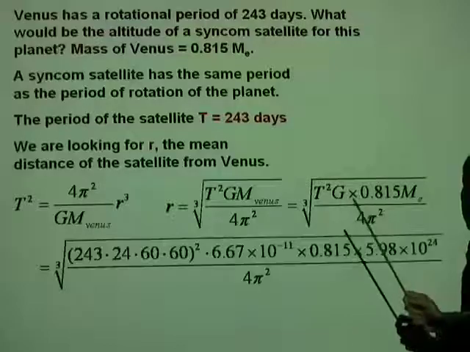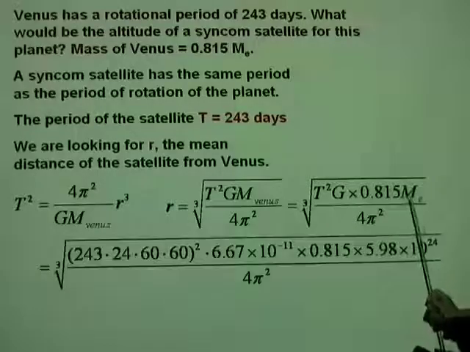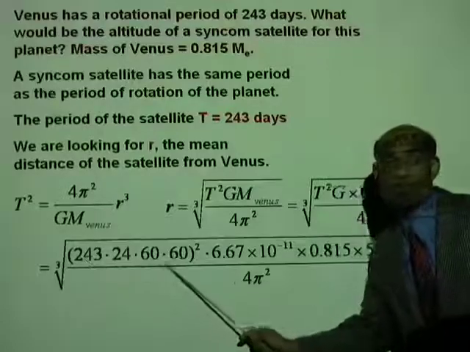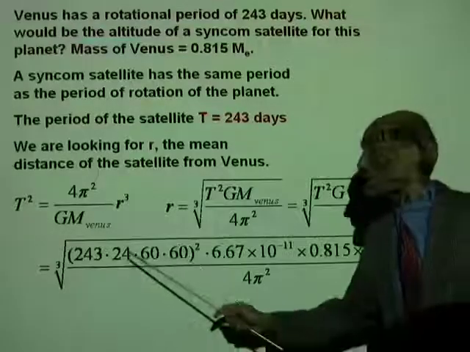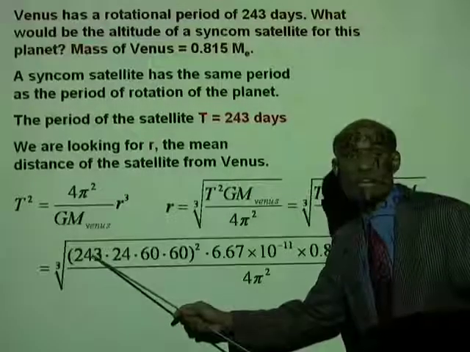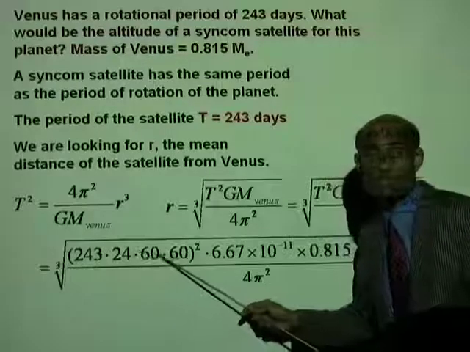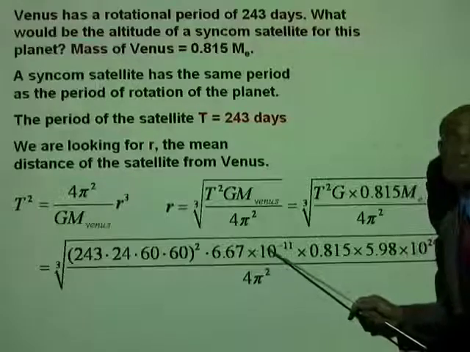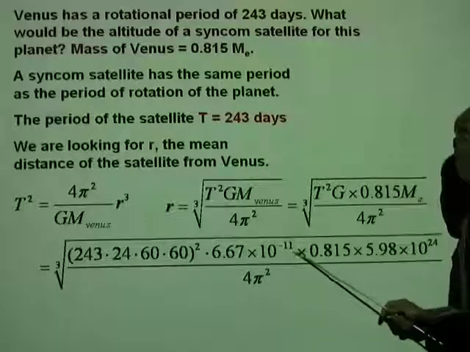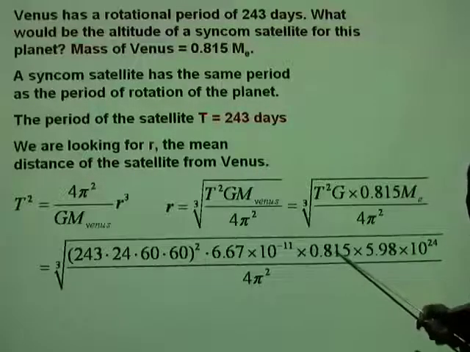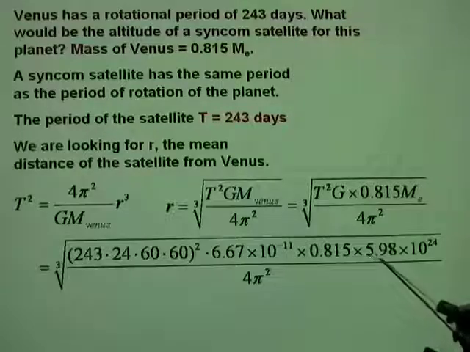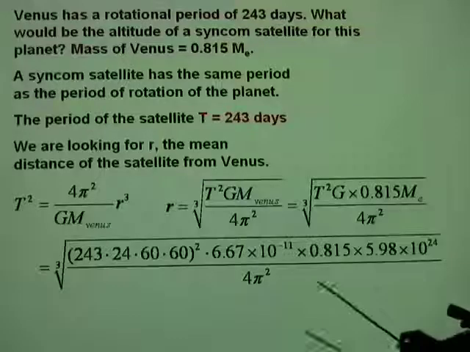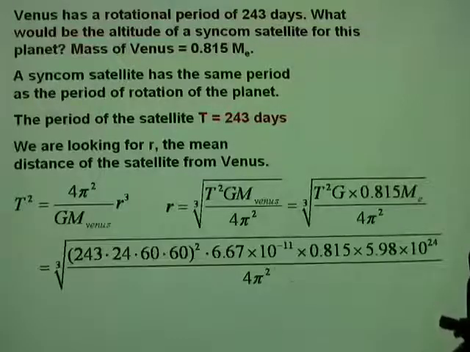And I have given you the mass of the Earth some time ago. So that will be T squared, the square of the period of the satellite, 243 days. Convert that to seconds. Times G, 6.7 times 10 to the negative 11, times 0.815 times the mass of the Earth, which is 5.98 times 10 to the 24, over 4 pi squared.